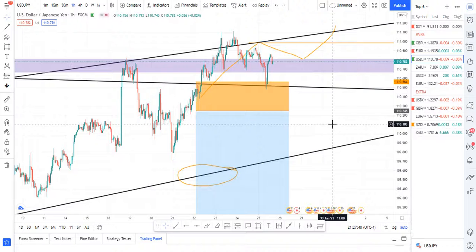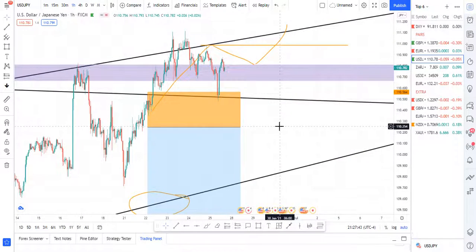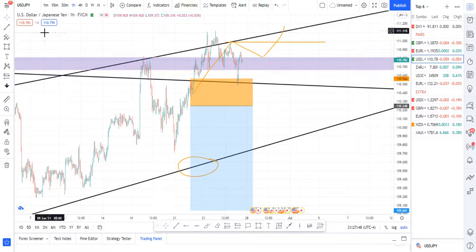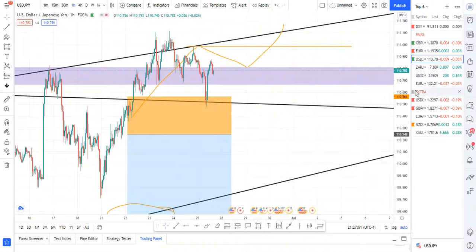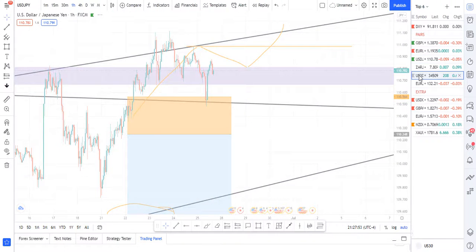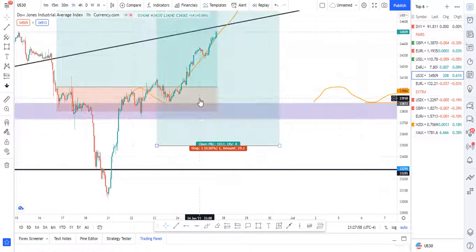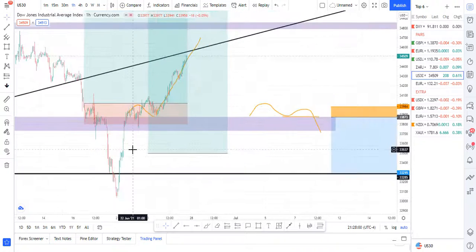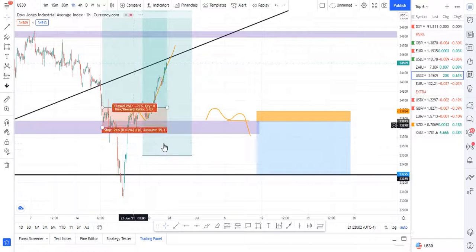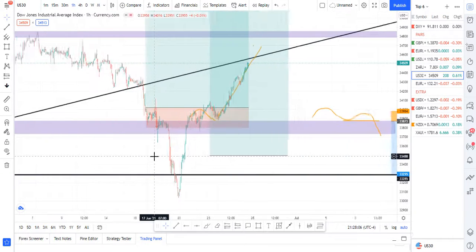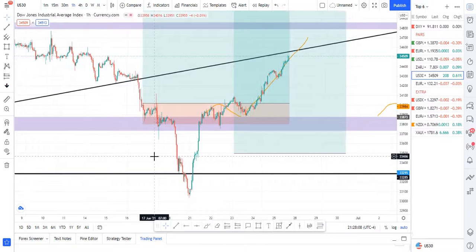But yeah, man, I took a loss on it, and I'm very disappointed in myself because correlation, guys, correlation is so important. And now we'll go to US30. US30, honestly, I've just been holding since here, so it's very self-explanatory.